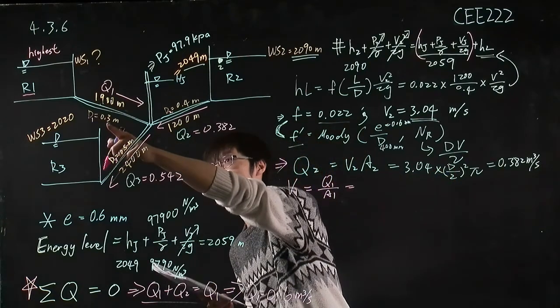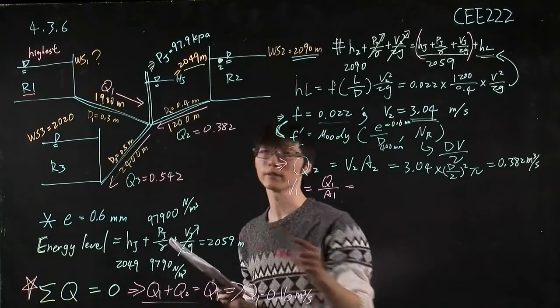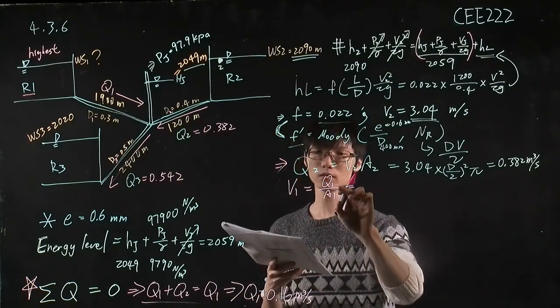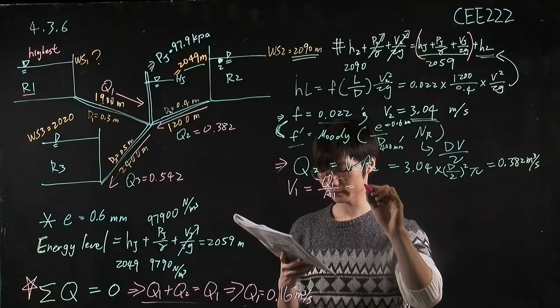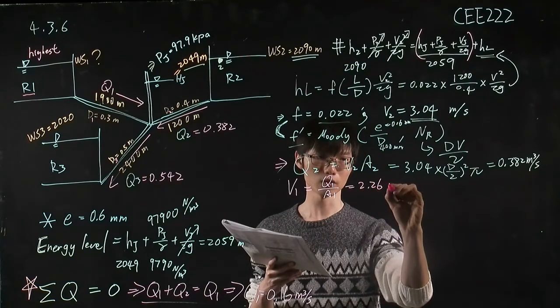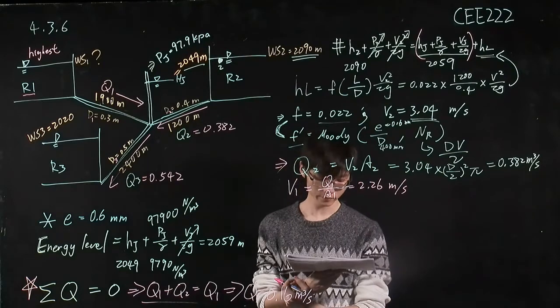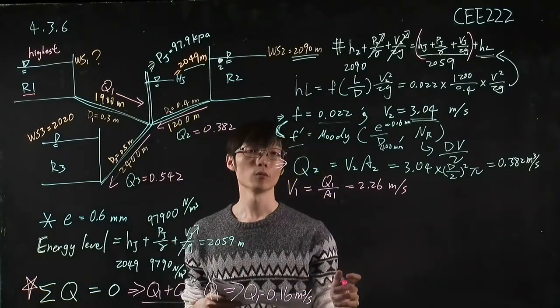The diameter value that we use for this equation will be 0.3. So you just do the calculation, then you will get V1 is equal to 2.26 meters per second.